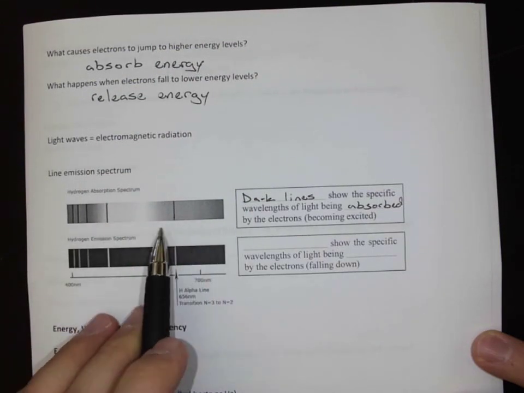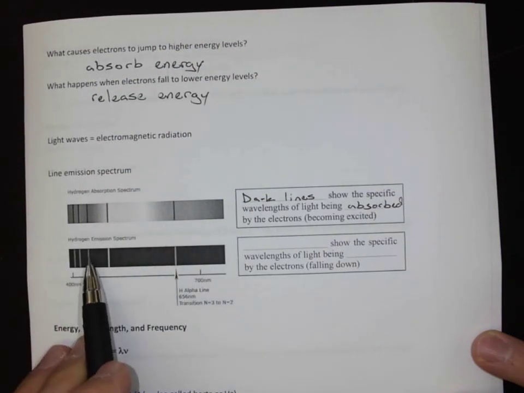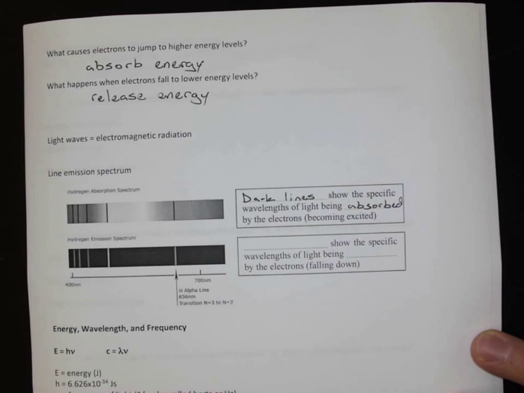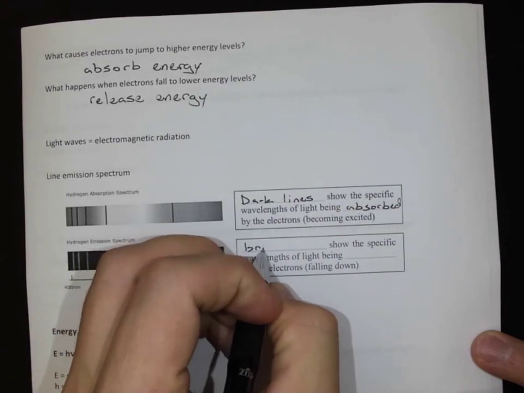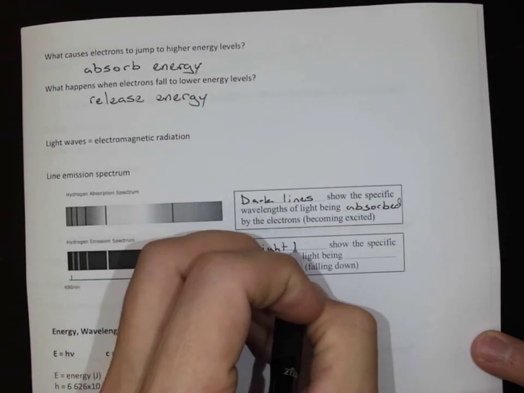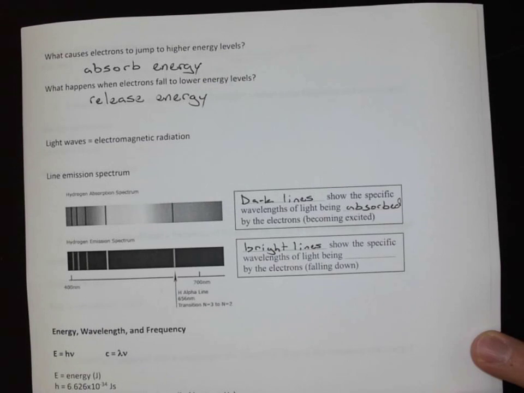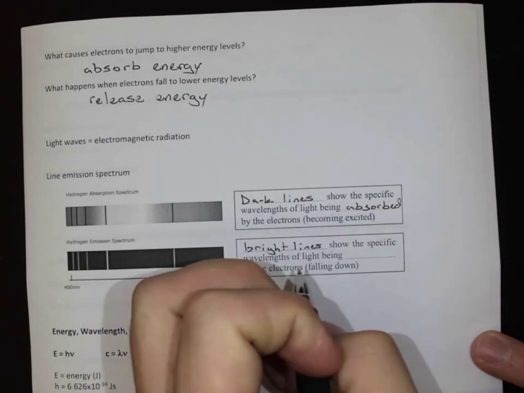Now, those same lines line up when hydrogen, after it has been excited, releases those photons of energy. And so the bright lines here show the specific wavelengths of light being released.